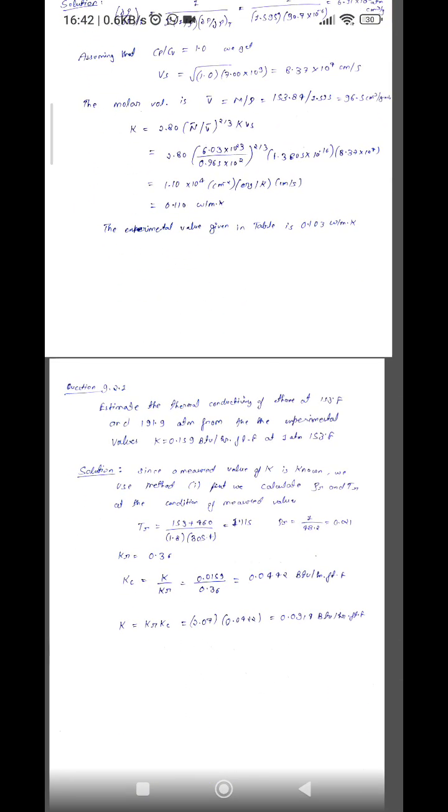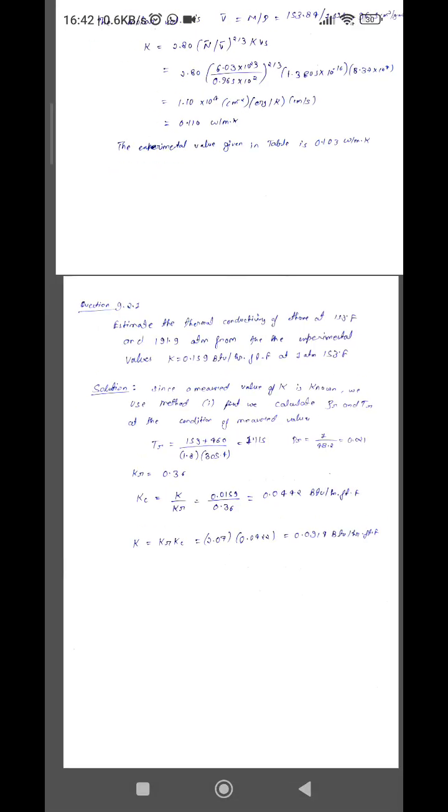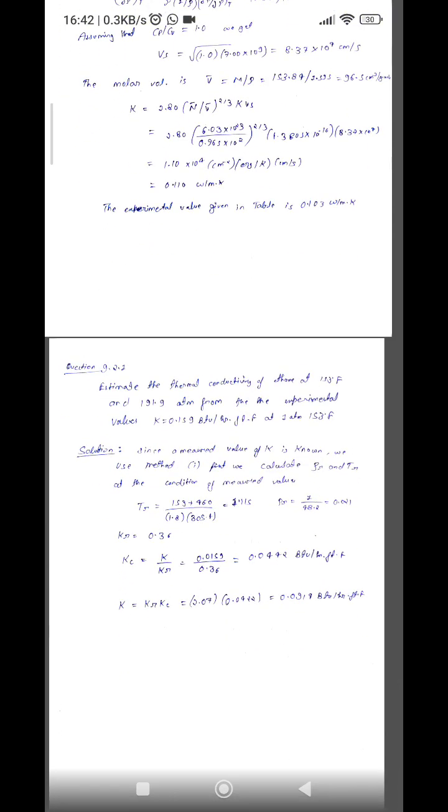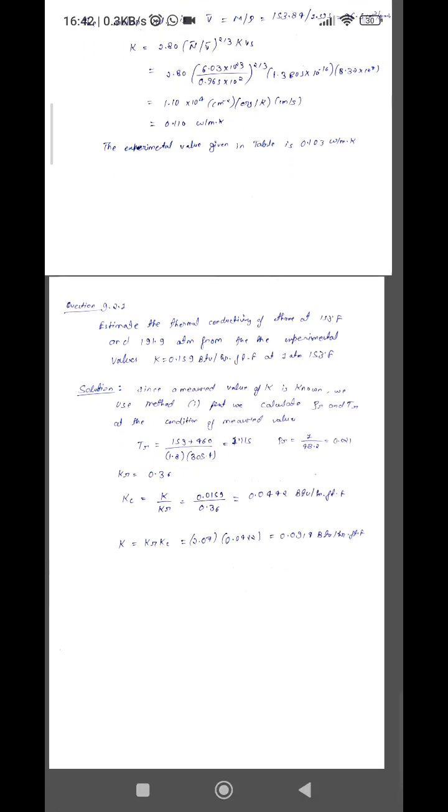So moving forward we have come to the end. We got our last question. This is also based on the thermal conductivity of ethane at 150 degrees Fahrenheit and 191 atm. From the experimental values, K is 0.159 BTU per hour at 1 atm and 150 degrees Fahrenheit.